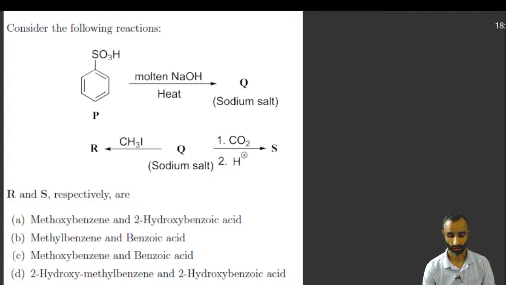Now next one. Okay, so molten NaOH and heat. If it is molten NaOH and we heat it, we get sodium salt.